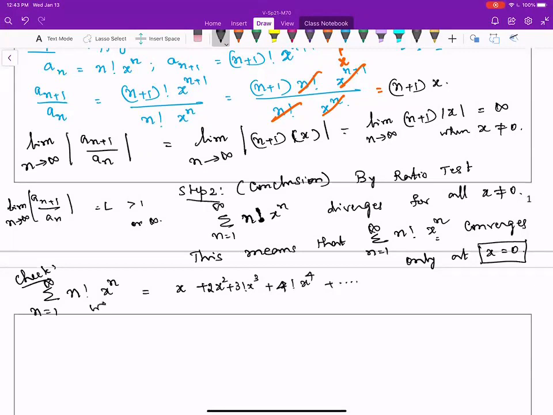You notice that when x equals 0, all the terms become 0, so the whole series becomes 0. So it is convergent when x equals 0. The only point at which the series converges is x equal to 0.